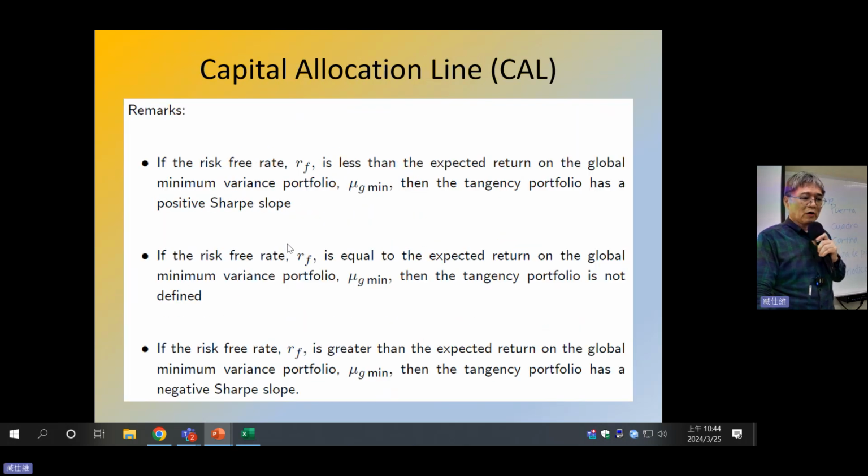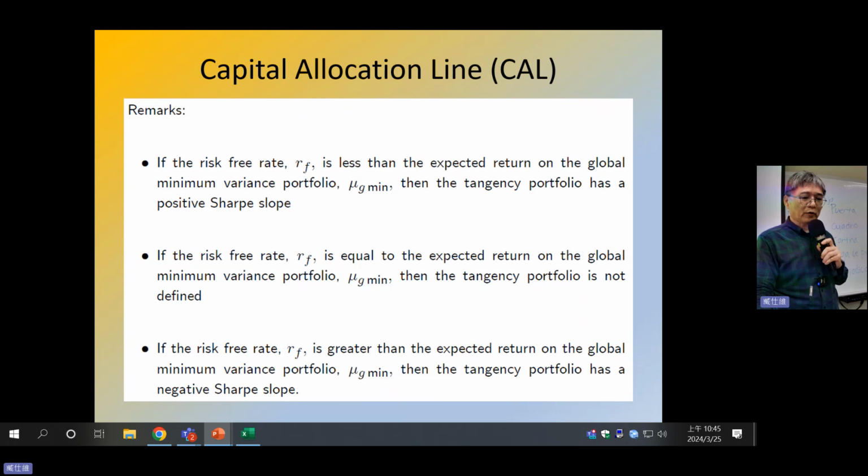Of course, there are some other things to notice here. You have to pay attention to this. If the risk-free rate is less than the expected return of the GMVP, the tangency portfolio usually has a positive Sharpe ratio.